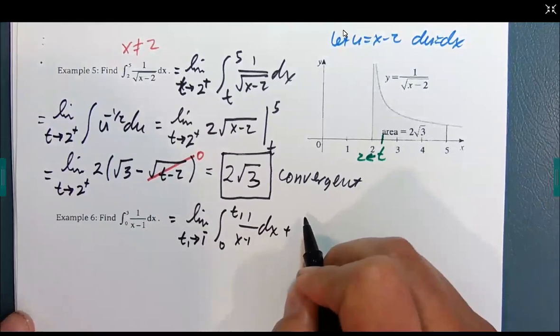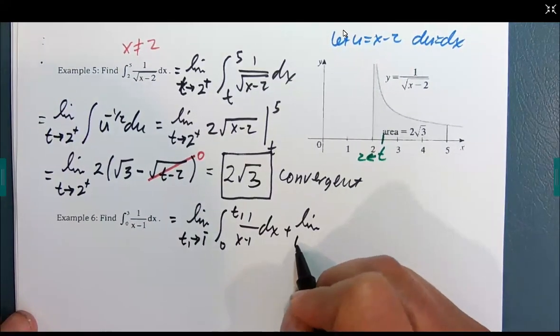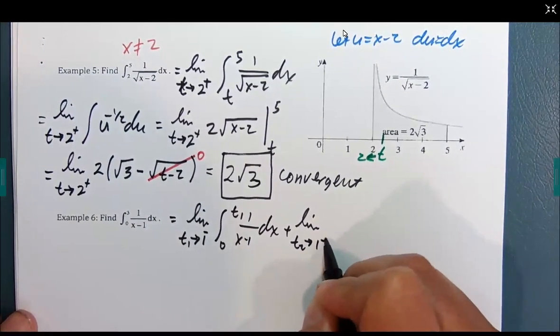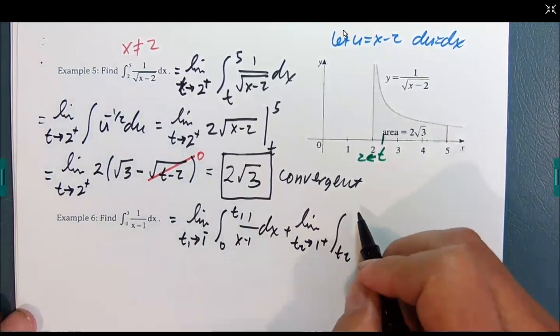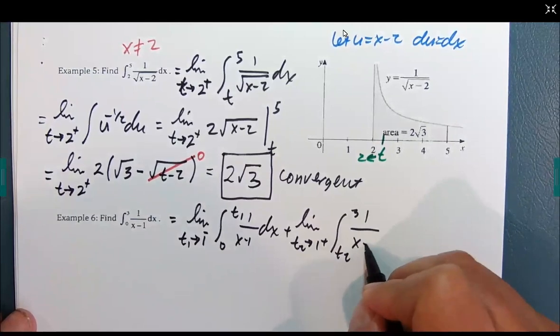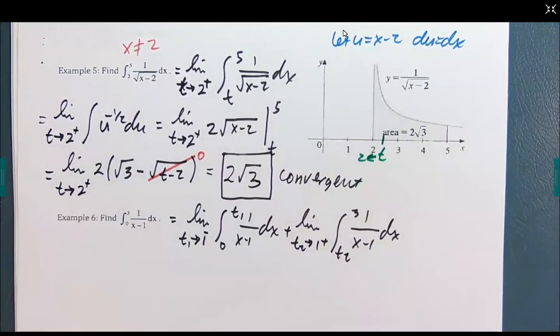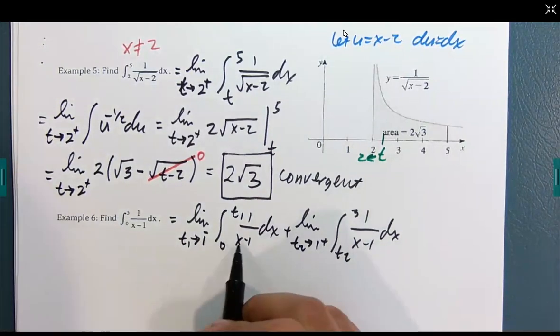And then we're going to try to continue piece 2 to 3. Now here's the thing. If just one of these is divergent, the whole thing's divergent. So I'm just going to focus on this one here.